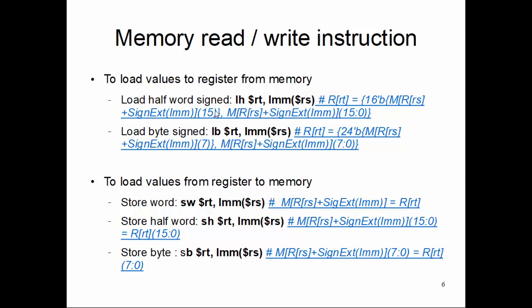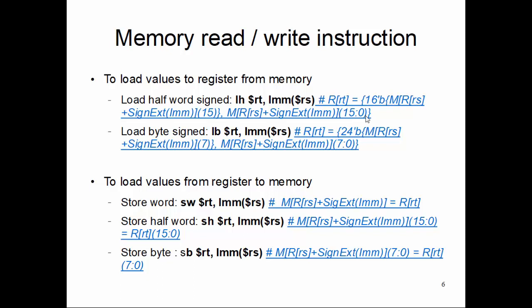If that bit is 0, then I replicate sixteen 0s on the higher part of the RT. The lower part is actually the same thing as we did for the LHU. We are just picking up the lower 16 bits out of the 32 bits read from the memory and putting them in the lower 16 bits of the RT. The only trick is in the upper part for the signed values.